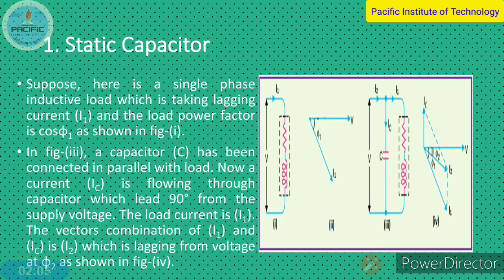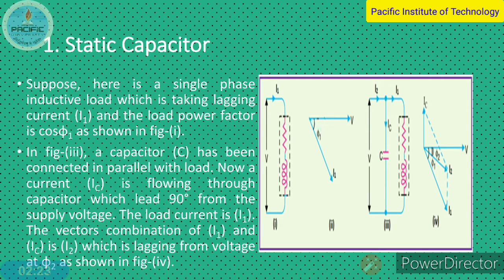Consider the first diagram, in which a voltage V is supplied and current I1 is flowing to a load which consists of a resistance R and an inductor L. So basically the load is RL in nature.